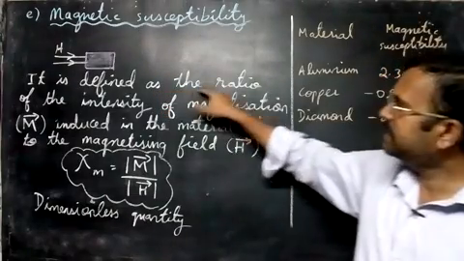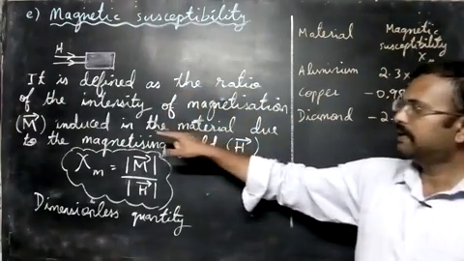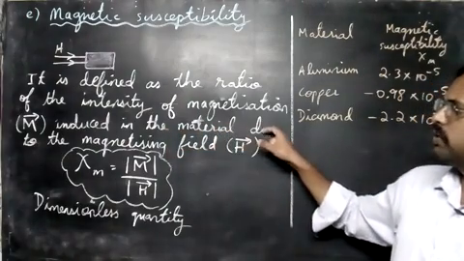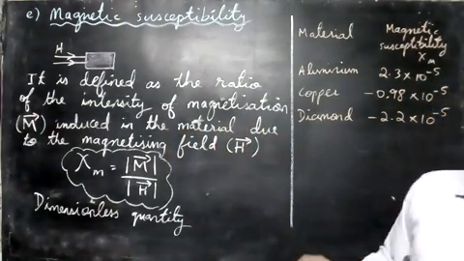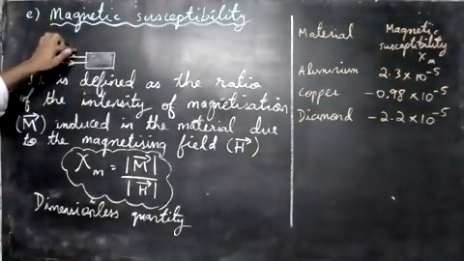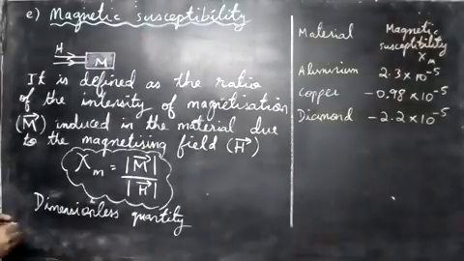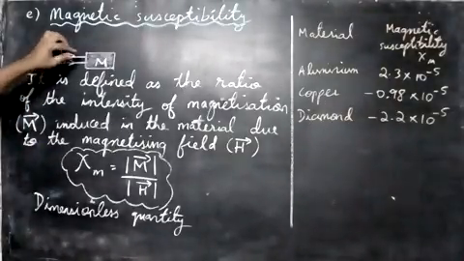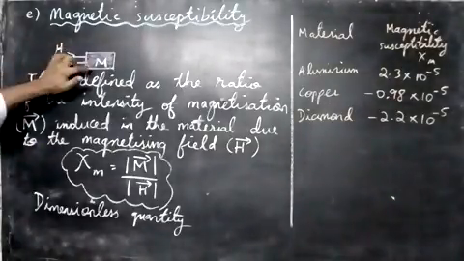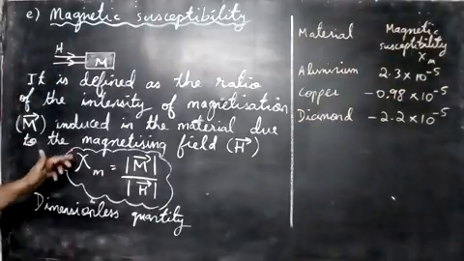It is defined as the ratio of the intensity of magnetization M induced in the material to the magnetizing field. So we are sending a magnetizing field H here, and inside this we have a magnetization, the intensity of magnetization M. That ratio, M by H, is called chi.